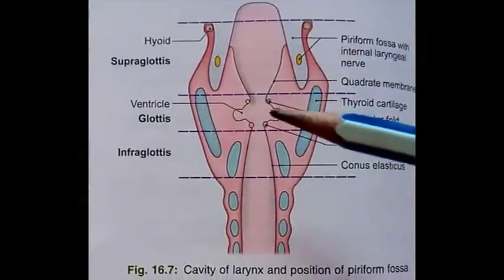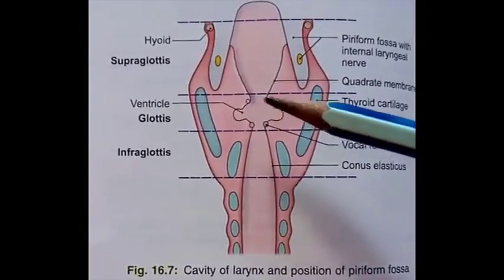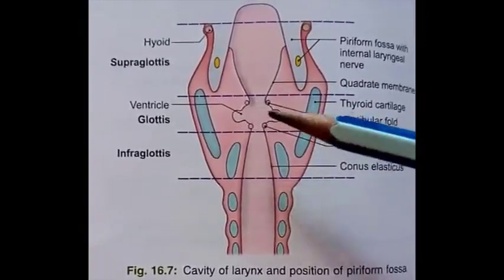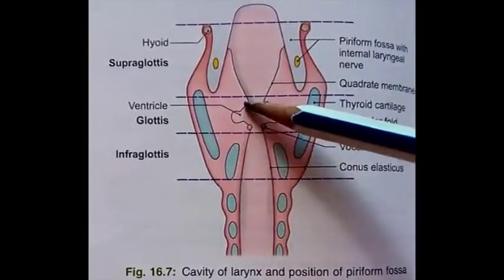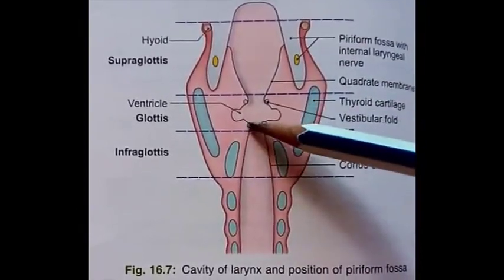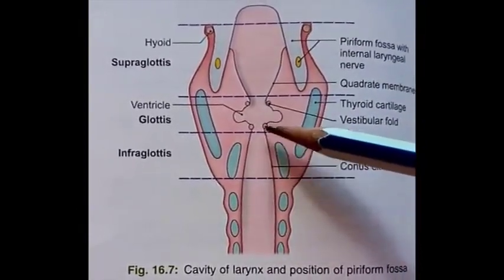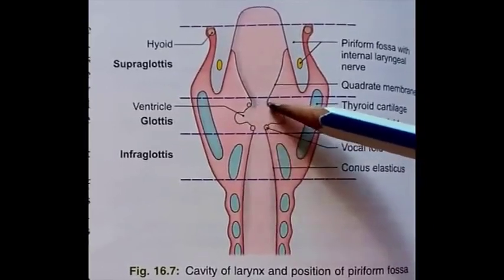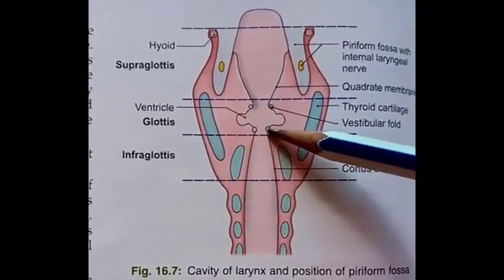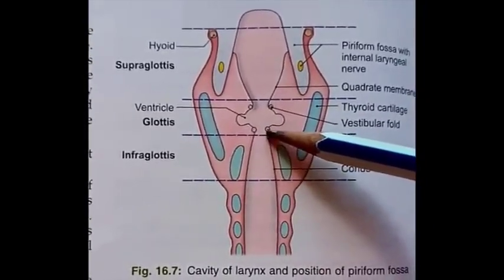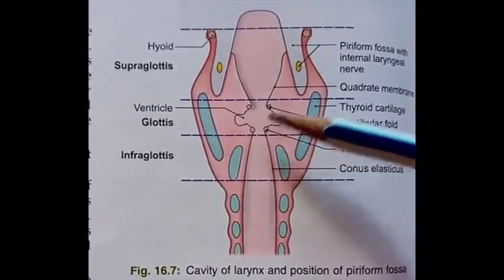This is the diagrammatic representation of the cavity of the larynx. Here we can find this is the vestibular fold and these are the vocal folds. The vestibular folds are superiorly present and the vocal folds are present at a lower level than the vestibular folds.